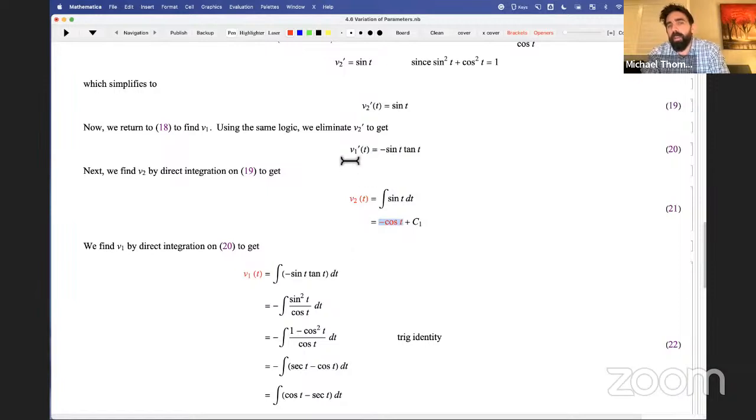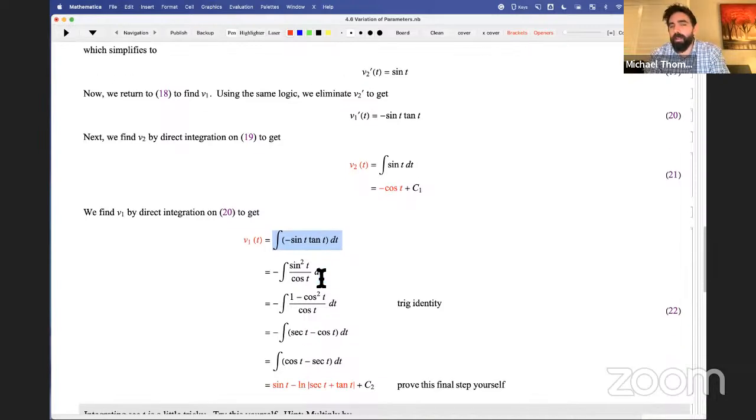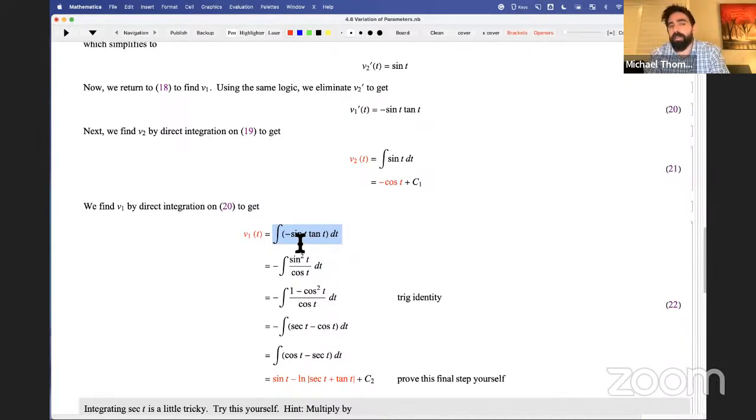As far as finding v1, we're going to integrate this equation 20. So if you integrate 20, you're going to integrate negative sine t tan t. So this is probably where you want to brush up on your integration skills a little bit. This is not an obvious one how to do. There's no nice substitution to use, but what we can do is employ a trig identity on the top.